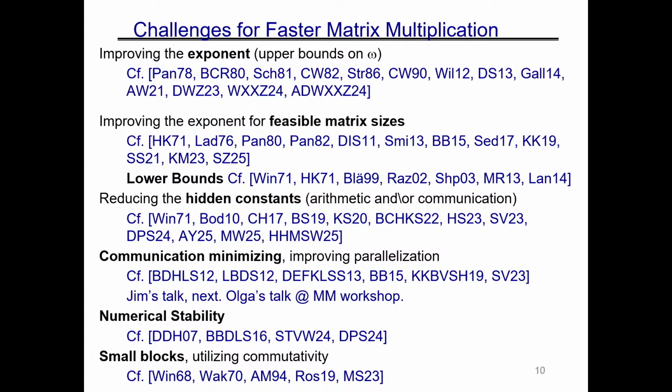And then there's another question, which is as follows. When you run fast matrix multiplication in practice, and that's a recursive algorithm, once your blocks get to sufficiently small size, you switch to the classical algorithm. Why? Because it's faster for smaller sizes. The asymptotics don't help you there. That's one reason.